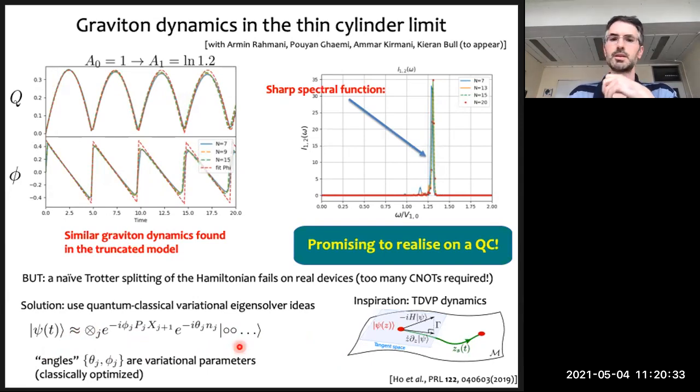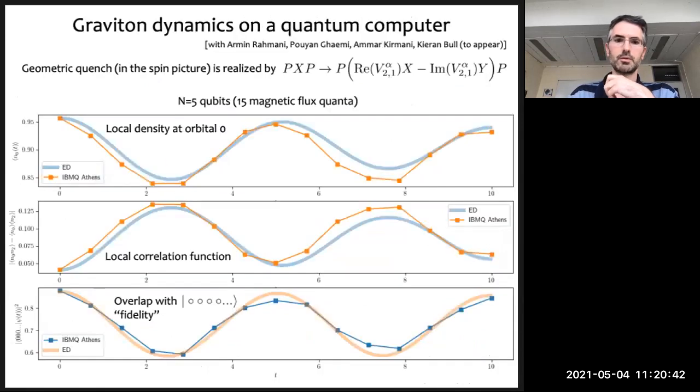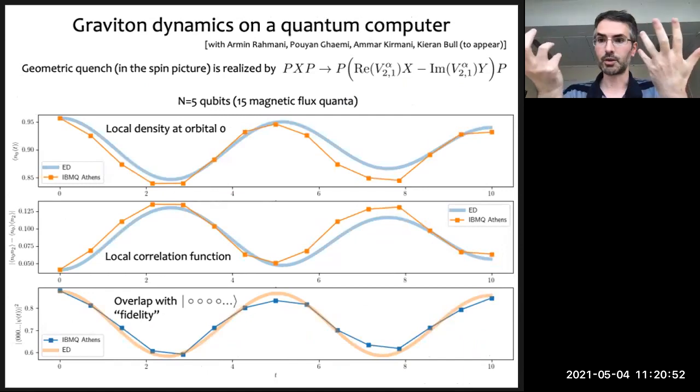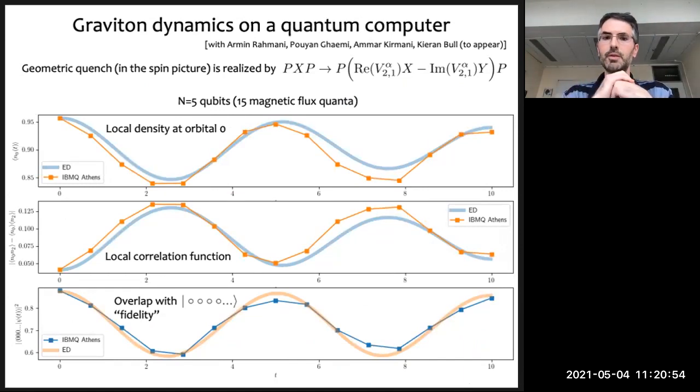And in the last couple of minutes, let me just show you some results that we got out of this. So these are the basic results that we can get at this point. We do a quench in this spin chain model. We do a mass anisotropy quench, or tilting the magnetic field.